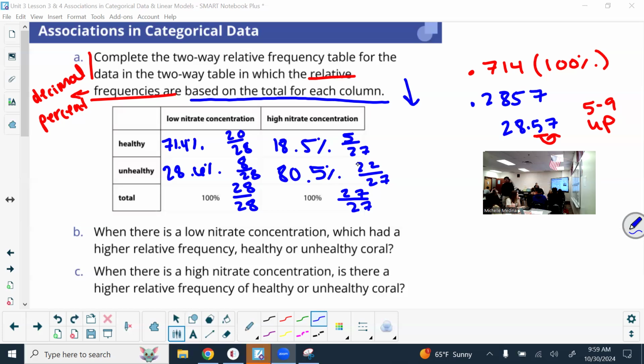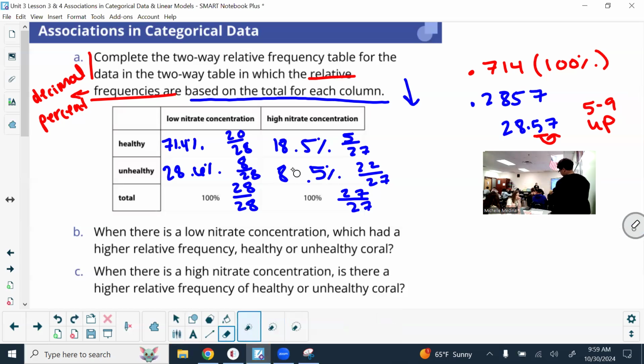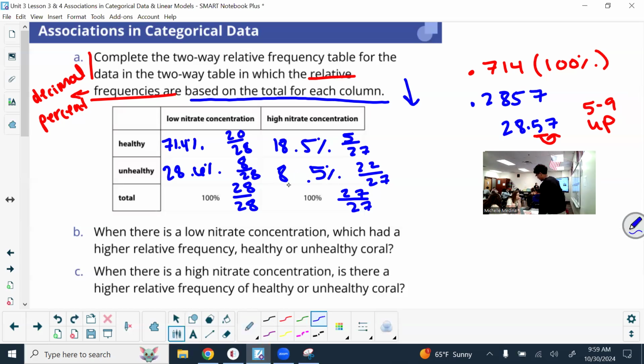And I got 81.5, which would make more sense because then it would add to 100%. Because we remember, these should add up to this total. Okay? Questions on that? And normally we wouldn't put the fractions, but I think for notes it's good so that when we look at it later, you know how we got those.